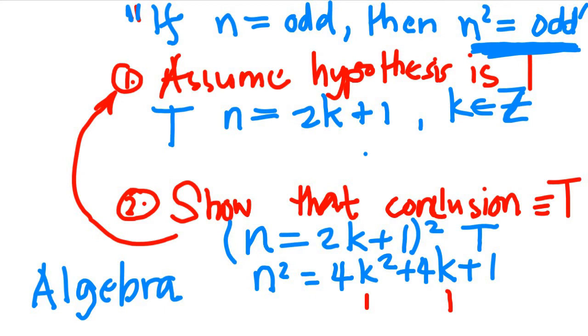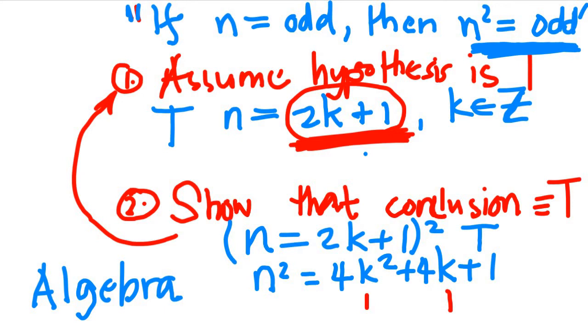Yes, that is an odd integer, but it's not a proof. It's merely an instance of this equation. So for us to end up with a proof, we have to appeal to the definition. And we know that an odd integer is defined as 2k plus 1. So if we could somehow produce a pattern like this, then we could argue that by definition, n squared is also an odd integer.